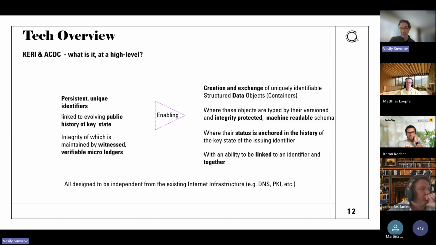There is no history, unless you go to some transparency logs and try to find it through your identifiers, which is not that easy. And the integrity of this public history of key state is maintained by witnessed verifiable microledgers. So it's not one single blockchain, it's not a central system, it's rather a combination of smaller subsystems maintained by witnesses, and we'll take a look at how this works.